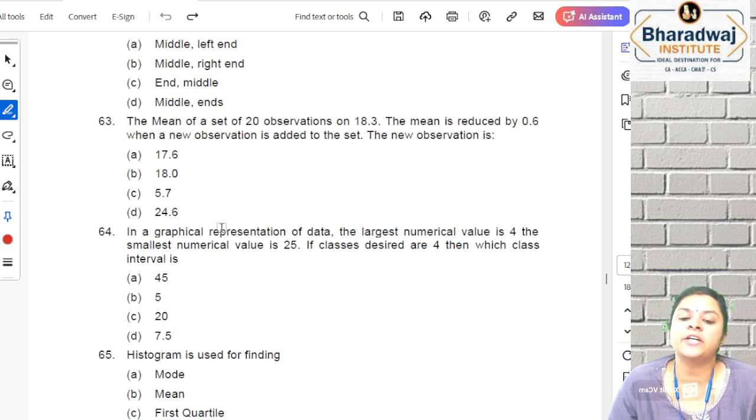63. The mean of a set of 20 observations is 18.3. The mean is reduced by 0.6 when a new observation is added to the set. Find the new observation. So sigma x by 20 is equal to 18.3.